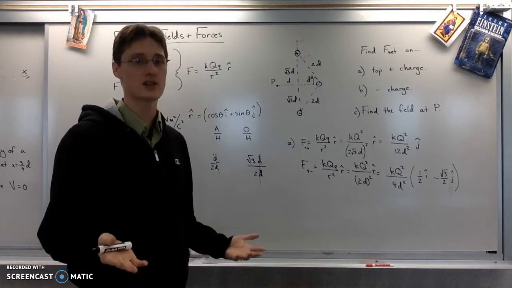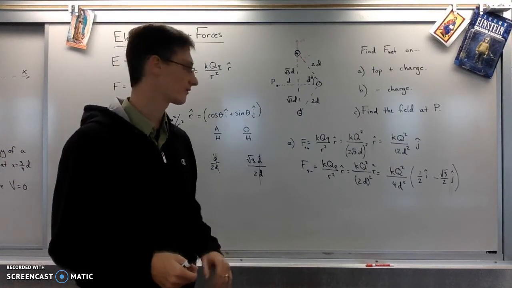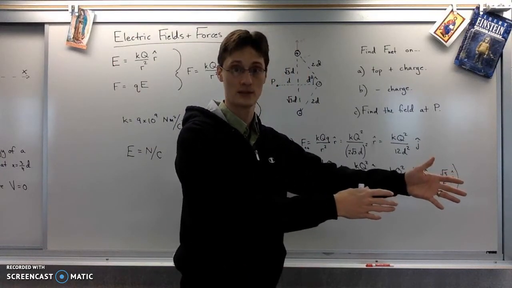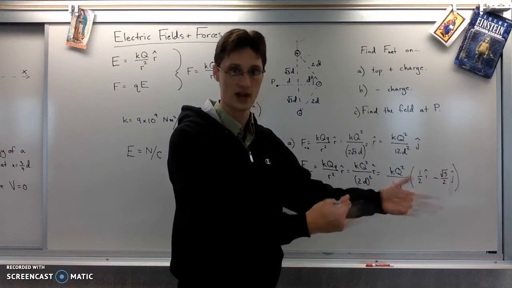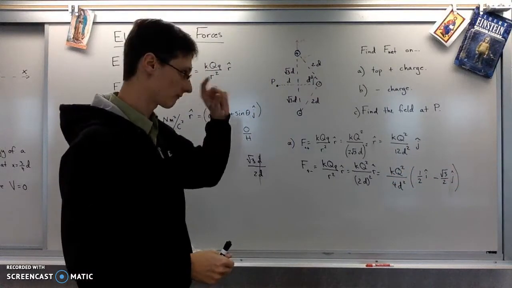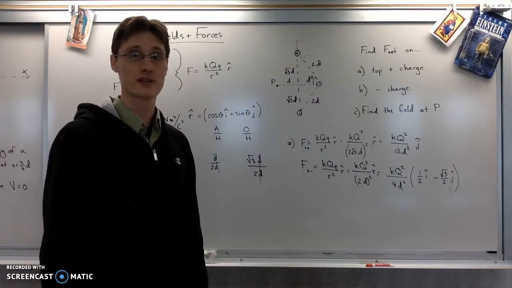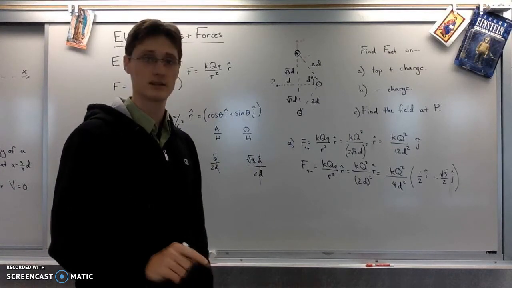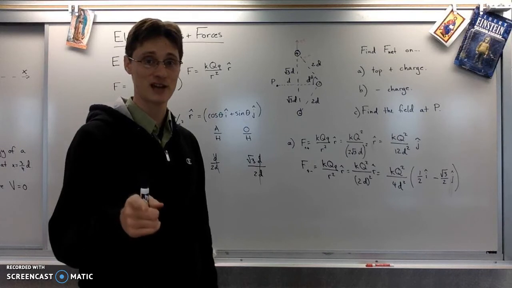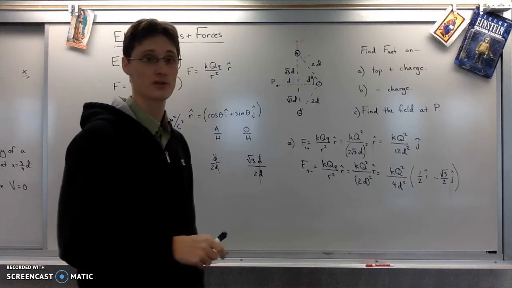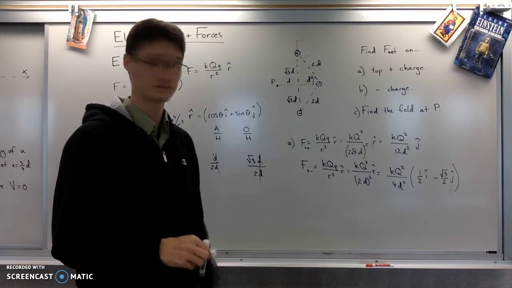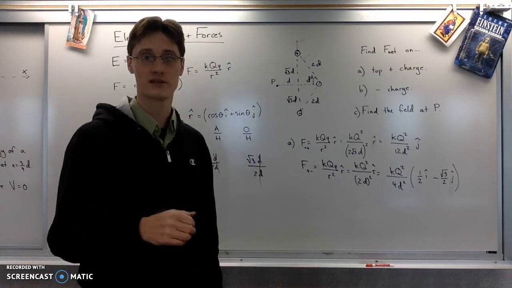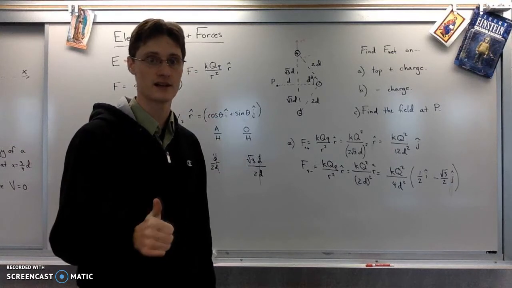But yes, your j's would combine together, so you'd have i, and then something more complicated looking j. Okay, that's going to work for the total force on the positive charge. I'm going to just kind of flash forward to the answer for the net force on the minus charge. And then you can feel free to pause the video and look at the work and see how that's going to go.